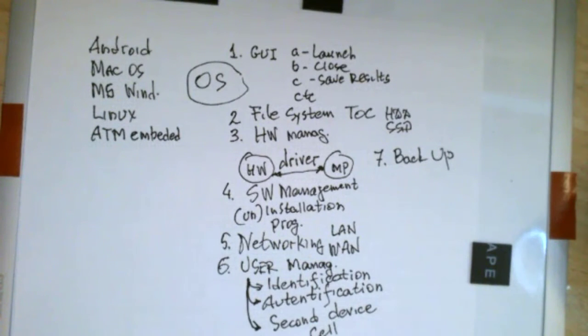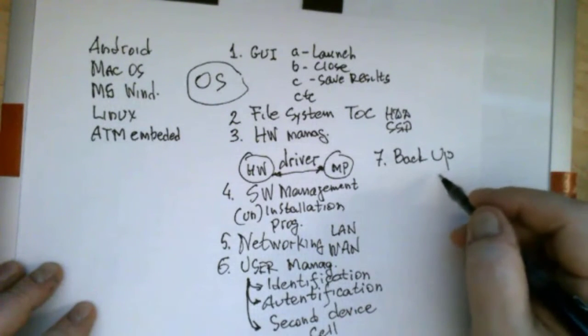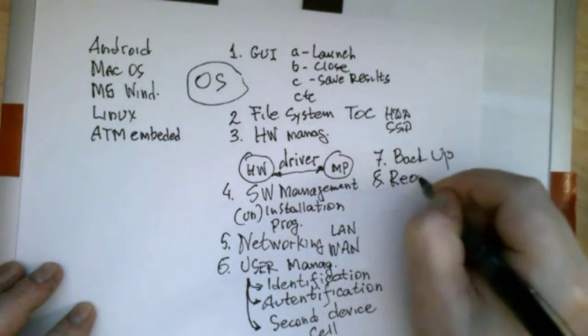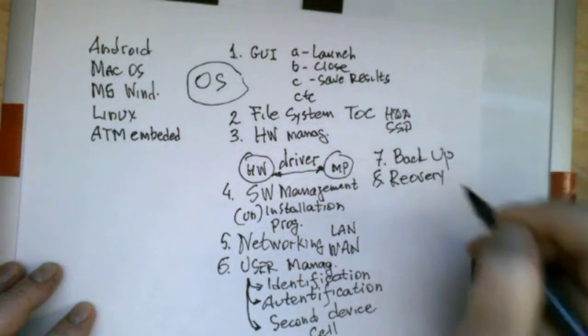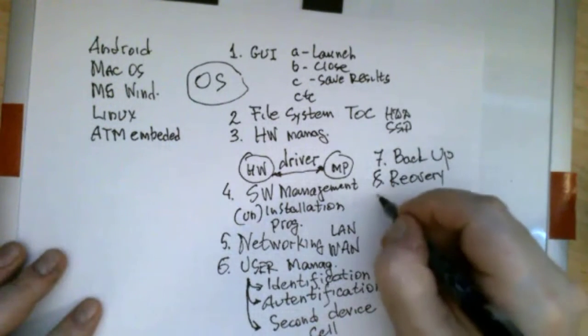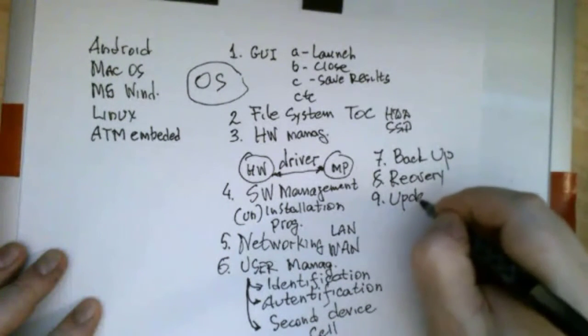A computer can malfunction, it can lose data, and so on. So this is a reasonable point to make a backup of your files. And of course, number 8 is recovery. Number 9, folks, very important. This is permanent updates.